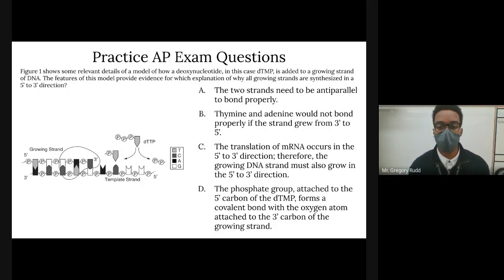A, the 2 strands need to be anti-parallel to bond properly. B, thymine and adenine would not bond properly if the strand grew from 3 prime to 5 prime. C, the translation of mRNA occurs in the 5 prime to 3 prime direction. Therefore, the growing DNA strand must also grow in the 5 prime to 3 prime direction. D, the phosphate group attached to the 5 prime carbon of the dTMP forms a covalent bond with the oxygen atom attached to the 3 prime carbon of the growing strand.